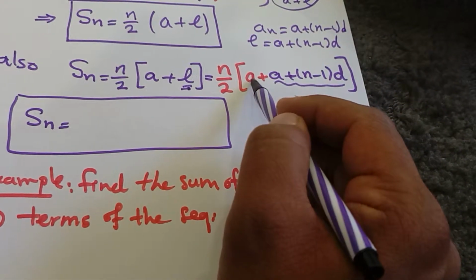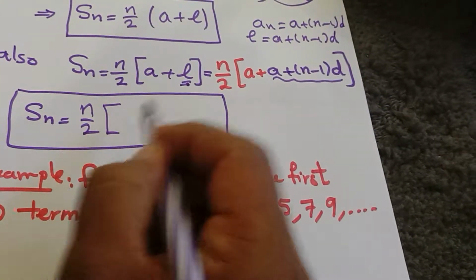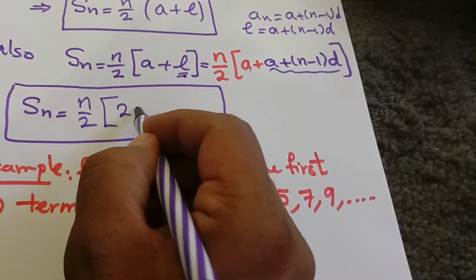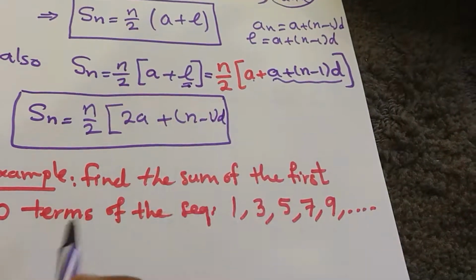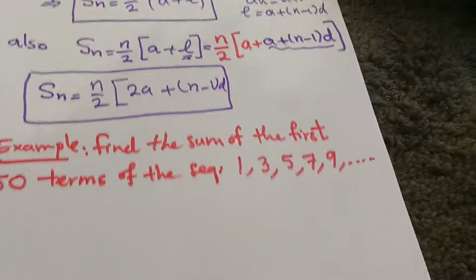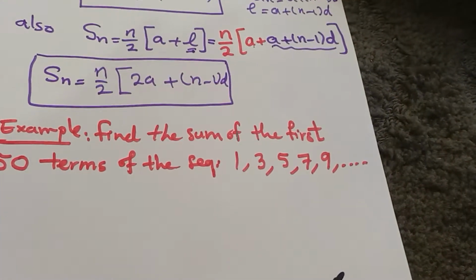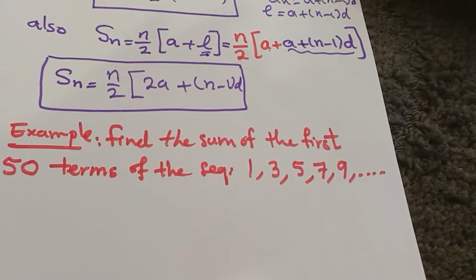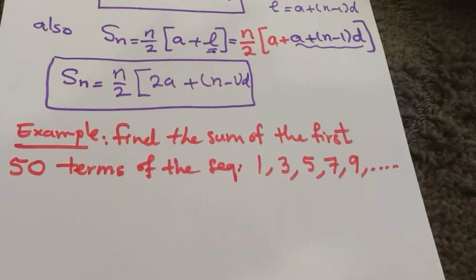And I find that I'm having n over 2, which is the same as here, and A plus A, which is 2A, plus n minus 1 D. So we have two formulas for the sum, and both are the same. Sometimes we prefer to use this, sometimes we prefer to use the first one. It depends on the question, and you also have to memorize this formula.